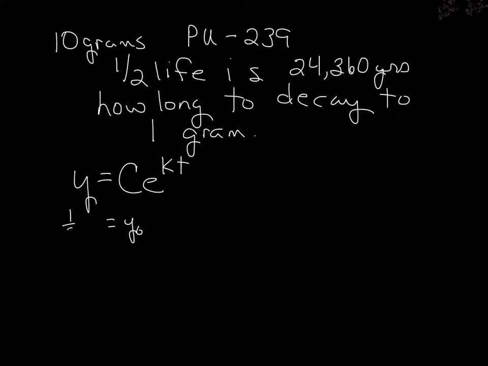I want to know how long it's going to take, or I can figure out what K is for half of that initial amount, because we know that time is 24360 K. So if I divide both sides by y sub 0, they cancel. So when you're dealing with half-life and you're trying to determine K, you can just start with this equation.